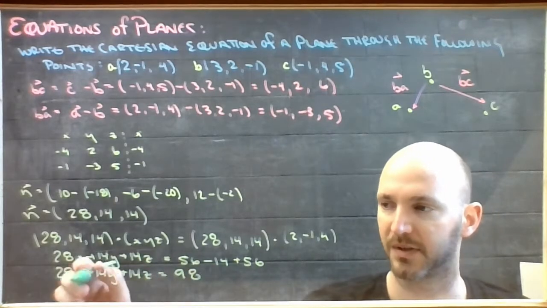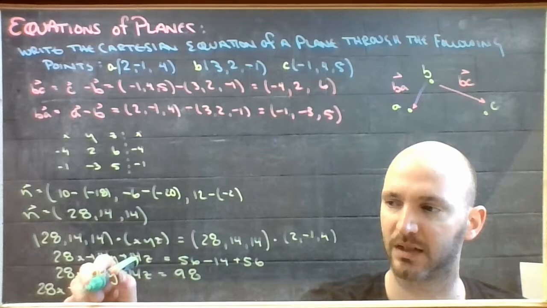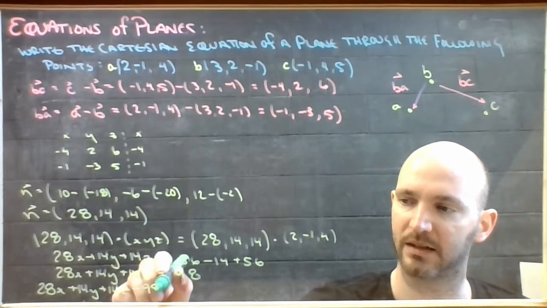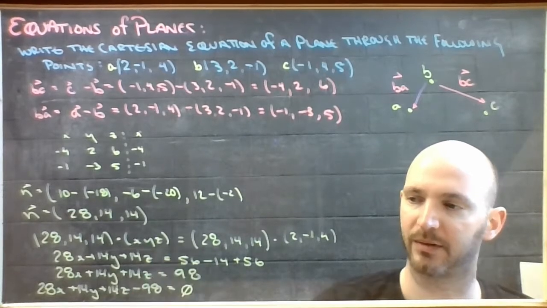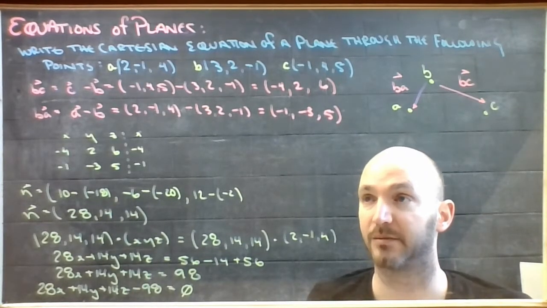So I'm going to pop this over the other side. 28x plus 14y plus 14z minus 98 equals 0. There's my Cartesian equation of this particular plane.